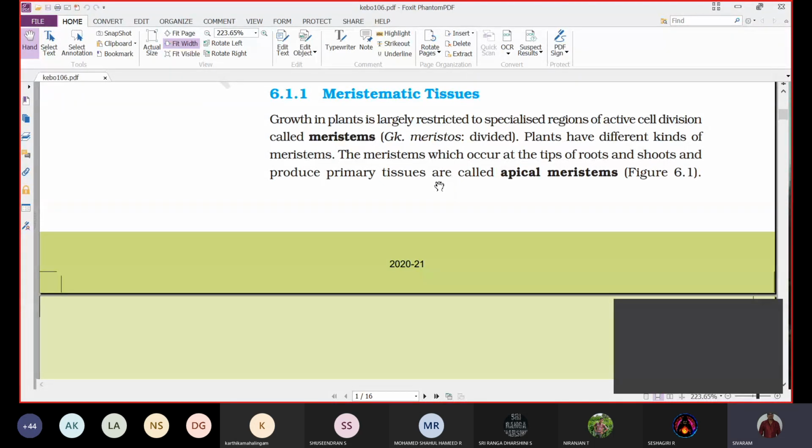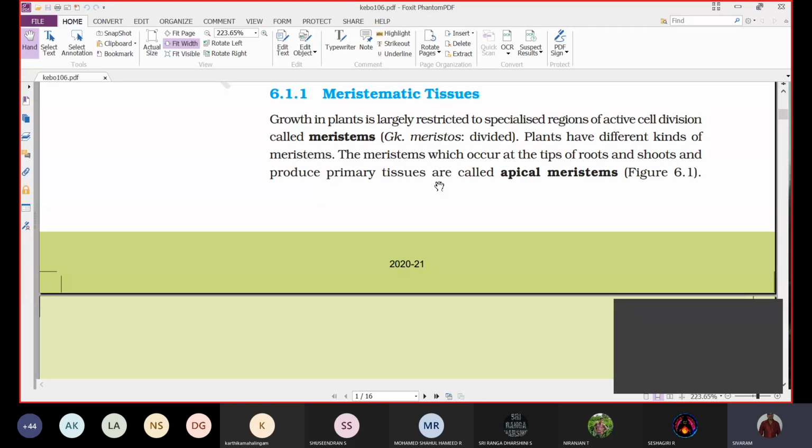That means when you observe plants, the growth will not occur normally throughout the length of the plant body. We can observe that growth in plants is restricted to certain regions of the plant body, specialized regions of the body.